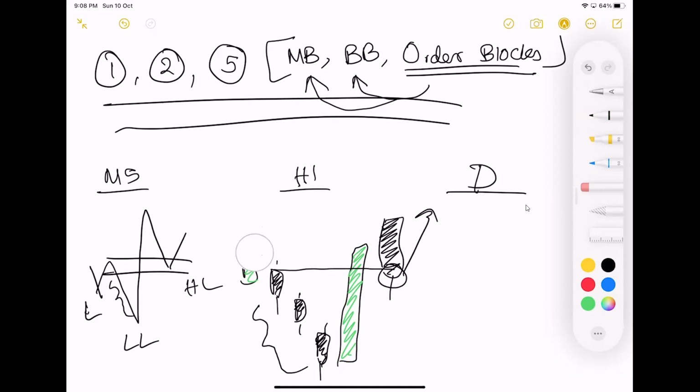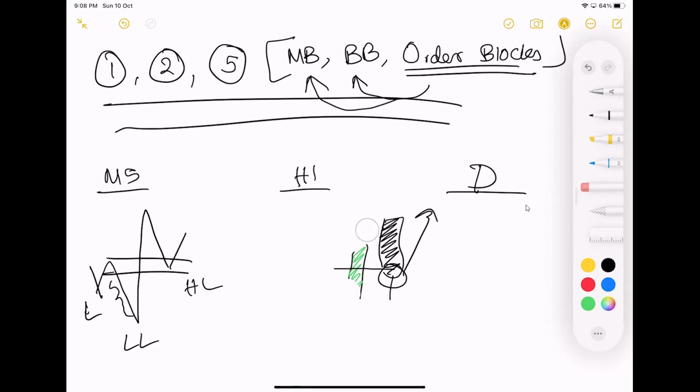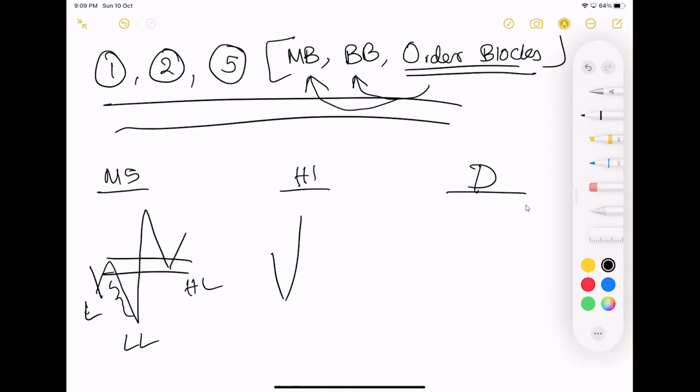So on the 1 hour chart, you're just going to be seeing this: down, up. This down up move is equivalent to this.